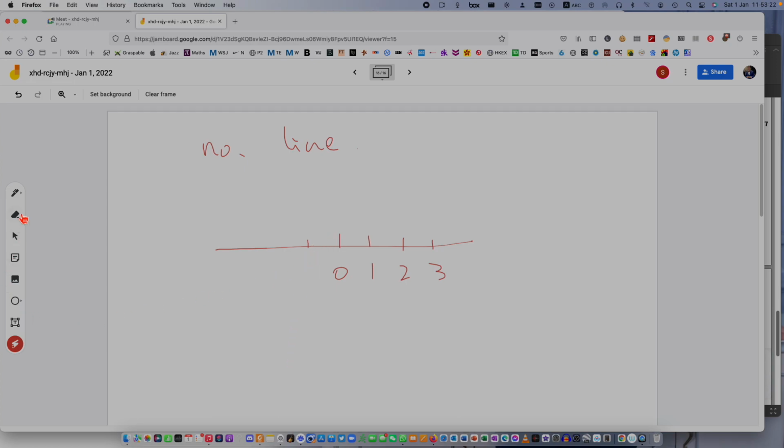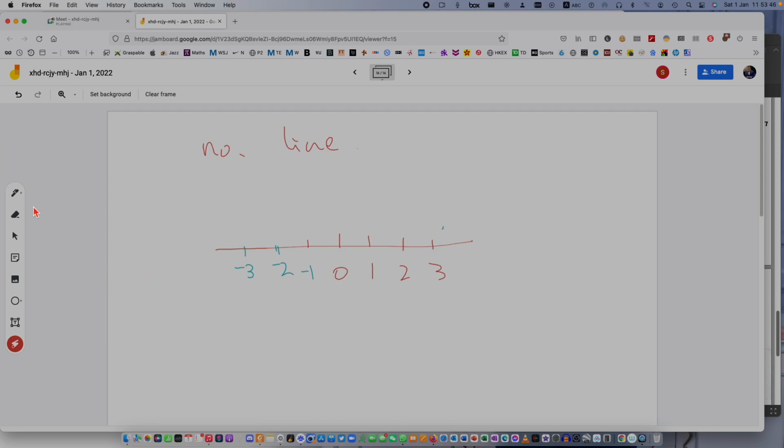Can you fill in here? Yes, -1. Continue, on the left side of -1. -2. Alright, good. Stop.